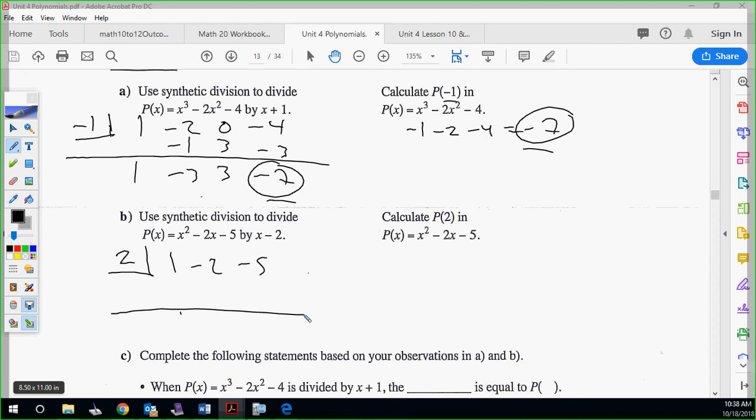Drop this down. 2, 0, 0. Whoops, -5. So there's my remainder there. If you put 2 into the original, we get 4 - 4 - 5, which is -5. So it's hammering away that concept I just said. Your remainder is what the value would be if you plugged it into the original.